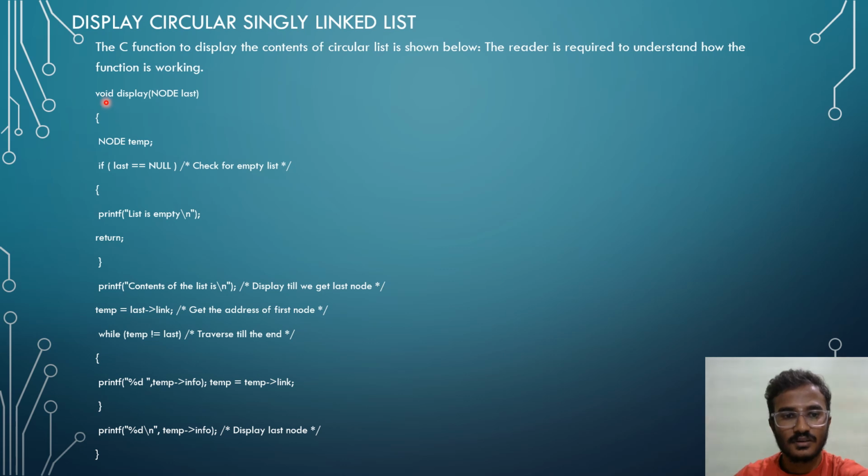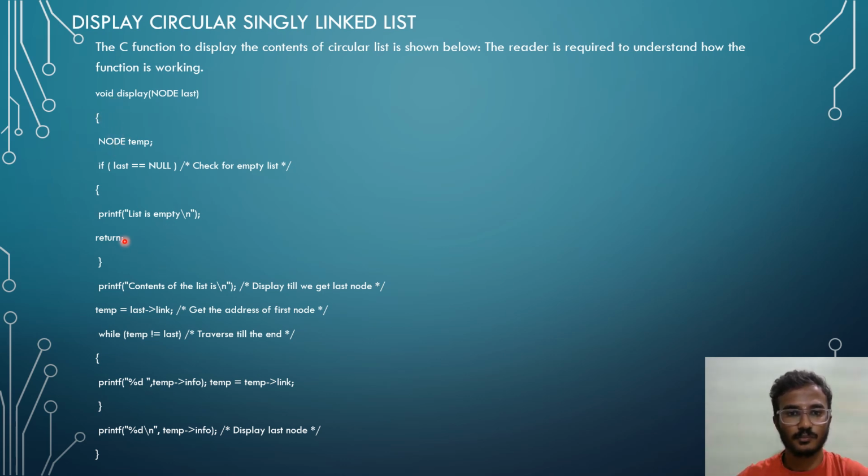Here void display is the function signature. Last is the pointer to the last node in the circular linked list. Node is a type representing a node in the circular linked list. The function returns void, meaning it does not return any value.